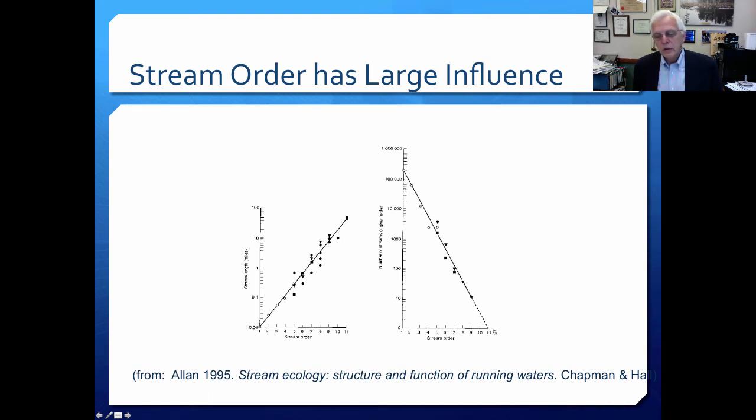It looks as if there are one or maybe two other 12th order streams, but we're pretty sure that the Amazon is 12th order. So clearly there are not very many of them, maybe one or two on the entire planet, and so there are lots of small order streams and not so many high order streams.